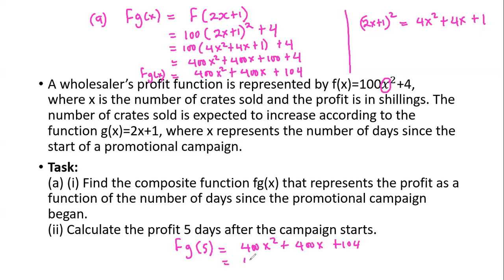That is 400 times 5 squared plus 400 times 5 plus 104. Then the total amount will be 12,104.